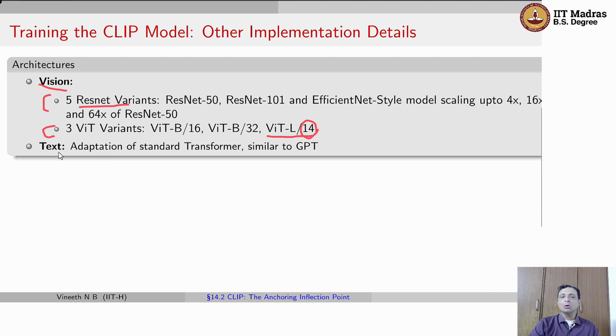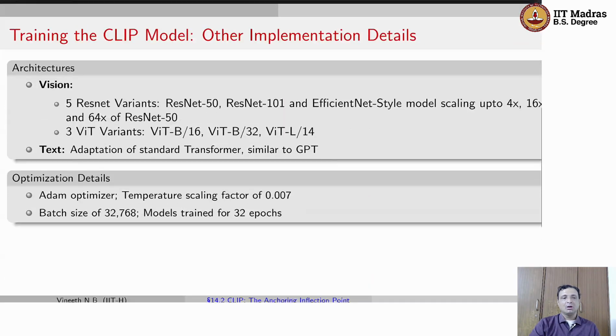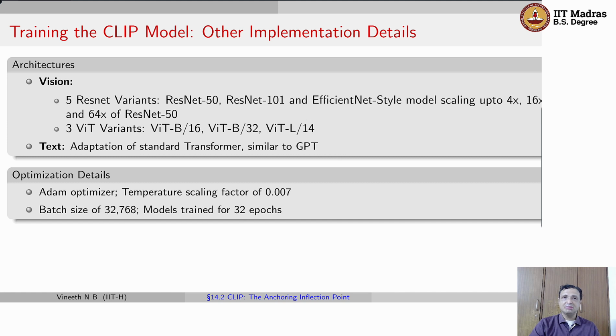And for the text encoder, they used an adaptation of the standard transformer similar to the vanilla GPT. In terms of optimization, they used the Adam optimizer, a temperature scaling factor of 0.007, we also saw that in the pseudocode, a batch size of 32,768, and they trained the model for 32 epochs.